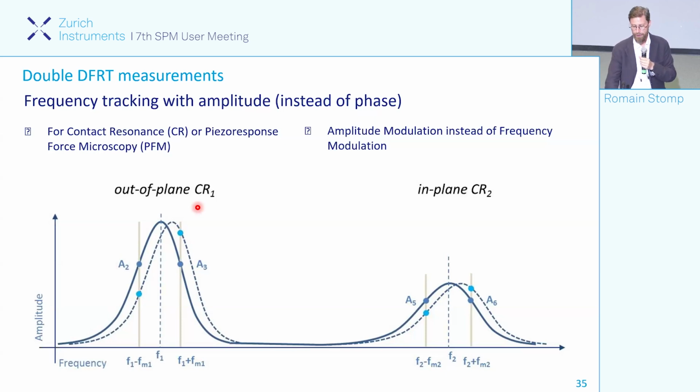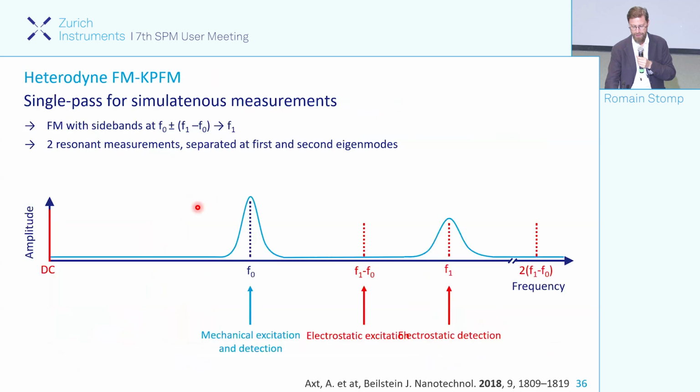And that's just simultaneous. And then one last example, which is a bit more recent, and I like it very much. I'm promoting it to many customers now. It is a heterodyne FM KPFM that was actually started in Japan.